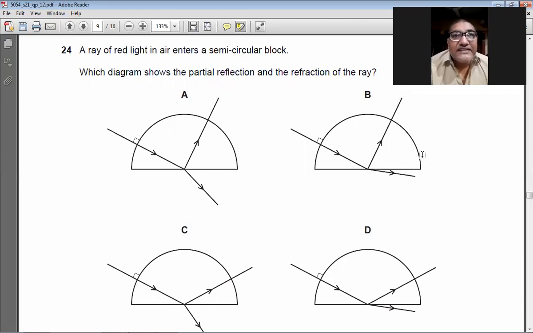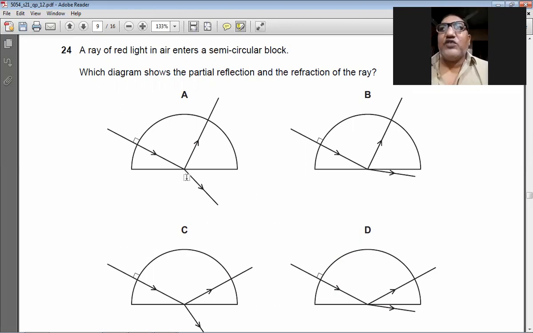So the light is entering into the block, making a 90-degree angle with the surface of the block, so there will be no deviation, no deflection. When it hits this second face, the reflection will take place, and the refraction will also take place. So which diagram is the correct one?